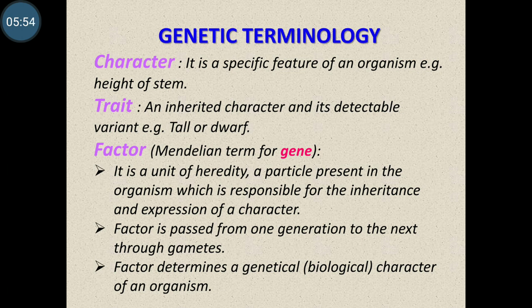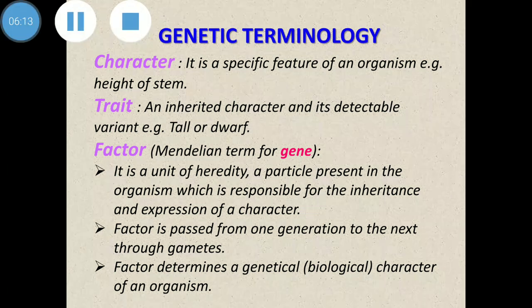Factor, it is a unit of heredity, a particle present in the organism which is responsible for the inheritance and expression of a character. Factor is passed from one generation to the next through gametes. Factor determines a genetical or biological character of an organism.